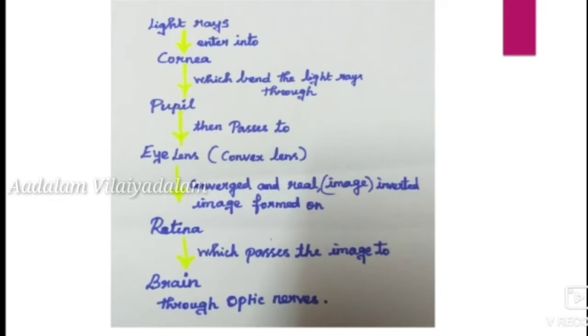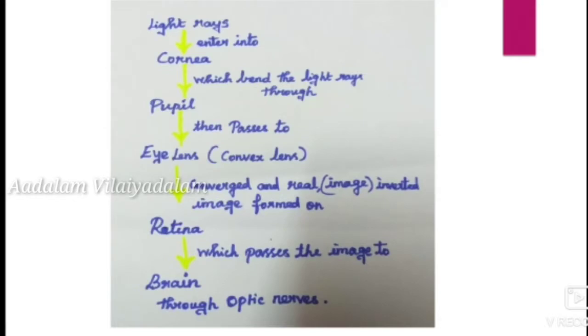With the help of the convex lens, the light rays converge and form a real and inverted image on the retina. The retina passes the image to the brain through optic nerves. Then the brain senses the correct image. Students, have you understood the working mechanism of the human eye?